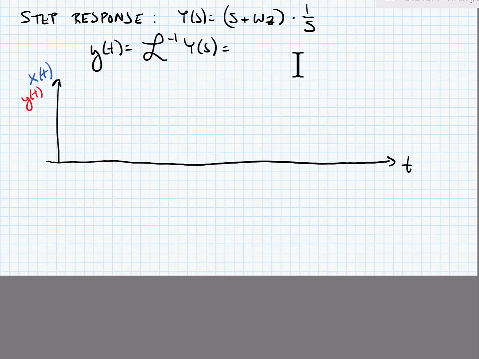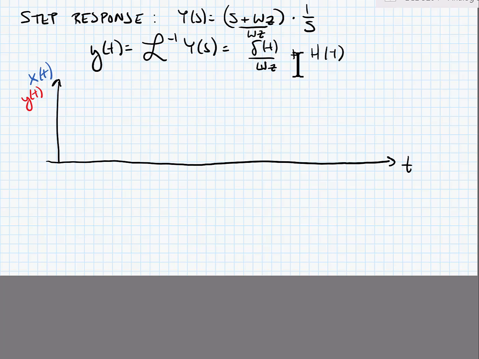Okay, if we take the inverse Laplace transform of this step response, and I forgot that I had already normalized this to (s plus omega z) over omega z, then the inverse Laplace transform of this function is delta of t divided by omega z plus h of t.